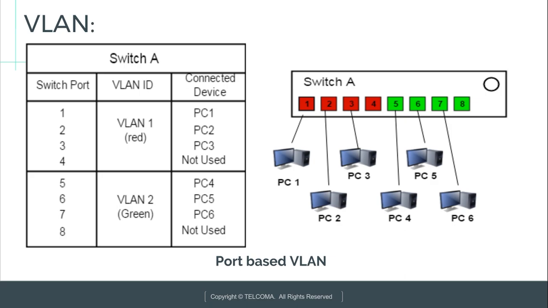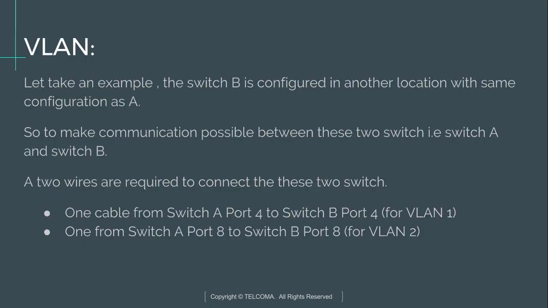VLAN 1 and VLAN 2 can't communicate with each other directly, so we require a wire to connect the two VLAN ports. Let's take a scenario where a switch configured the same as switch A is placed at another location.